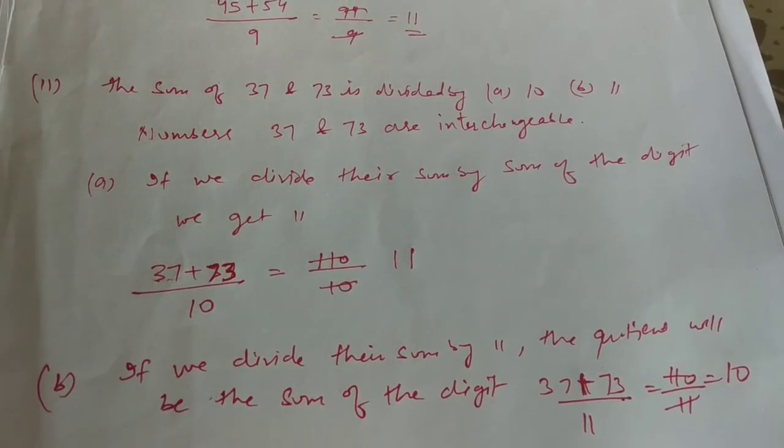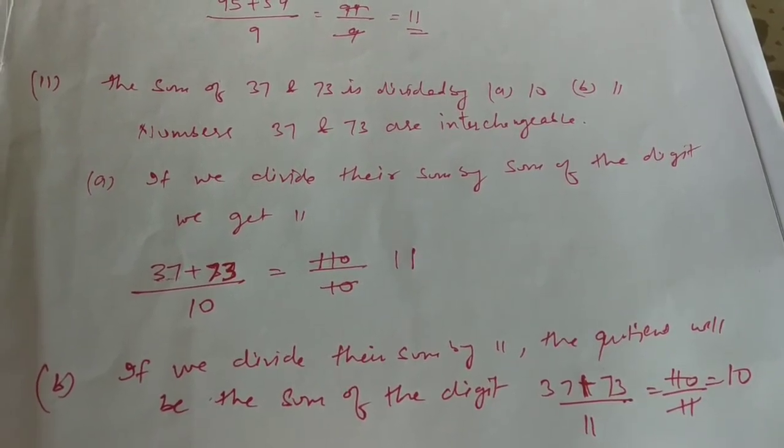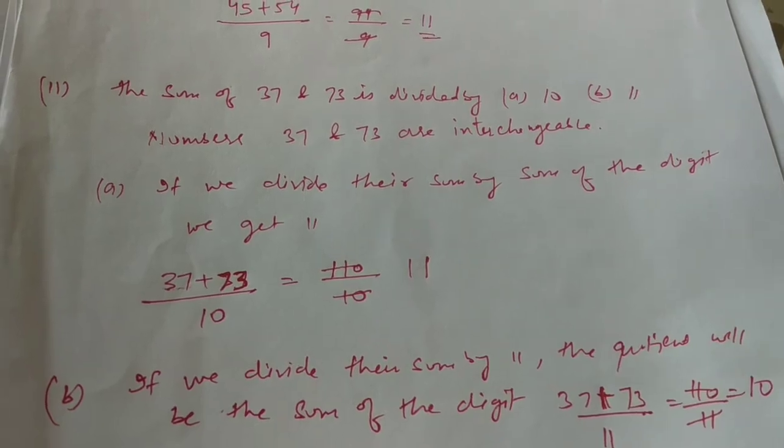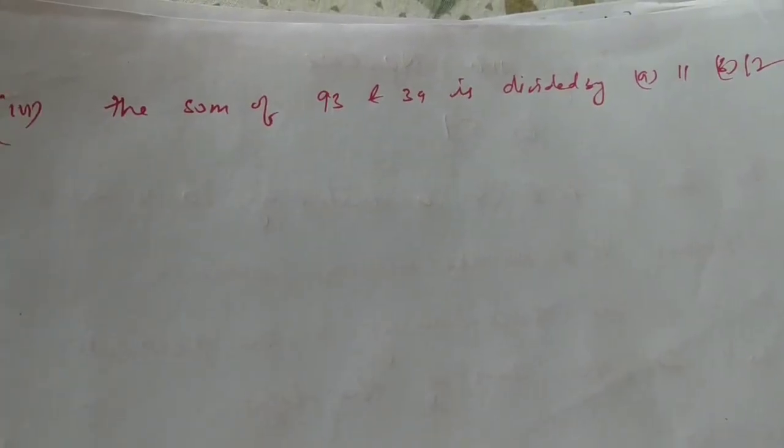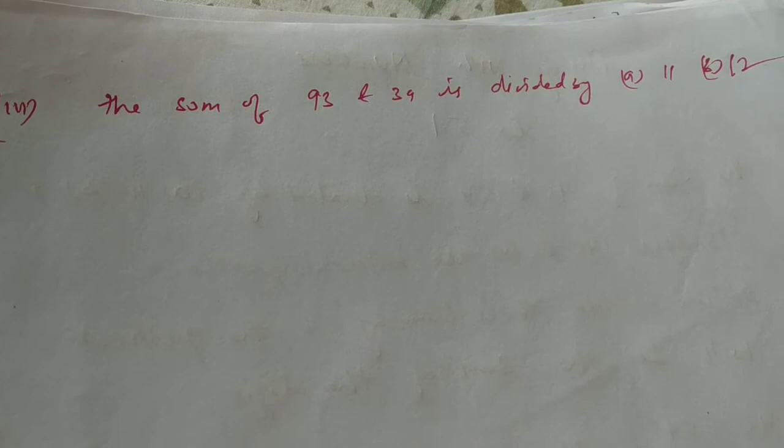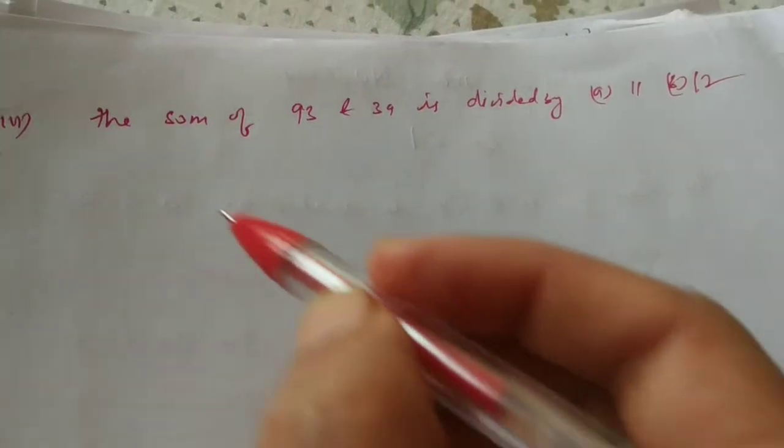Now heading to part 3. The third part is given as the sum of 93 and 39 is divided by 11 and 12.